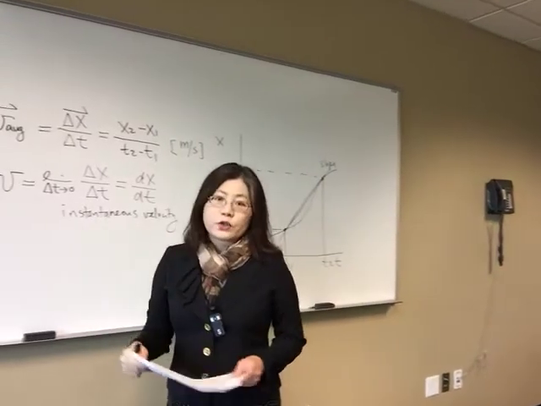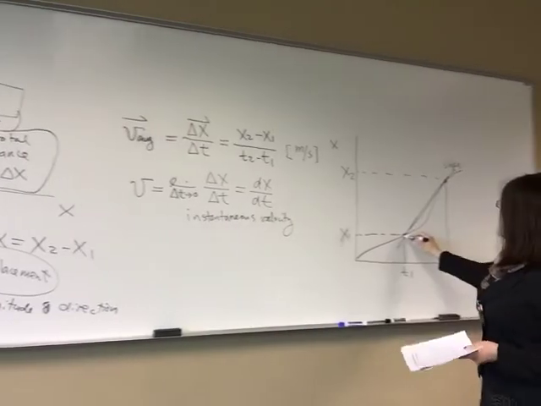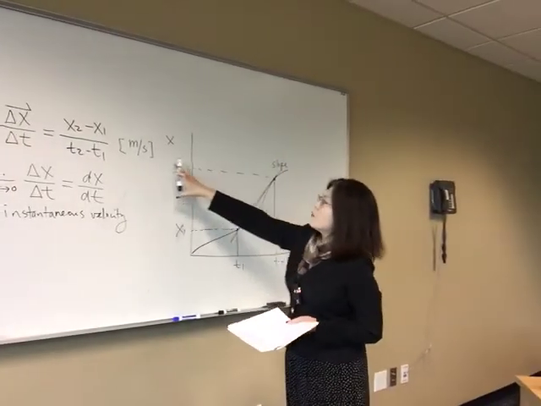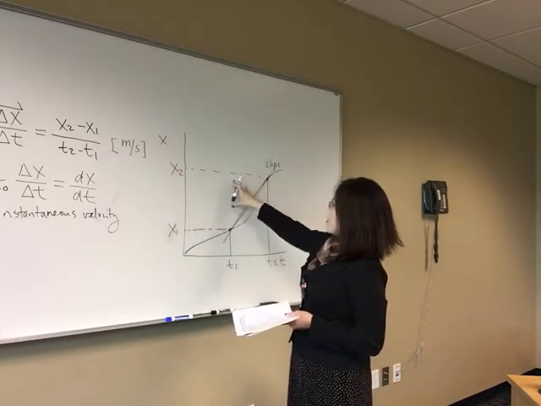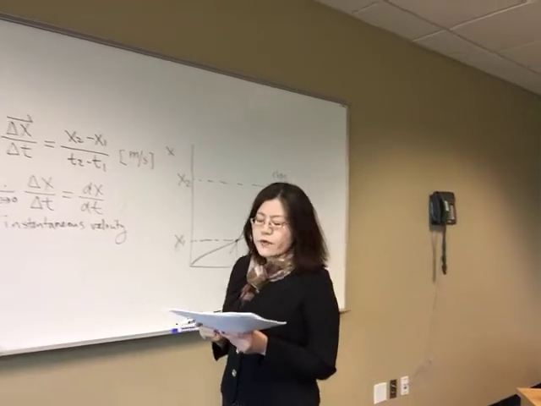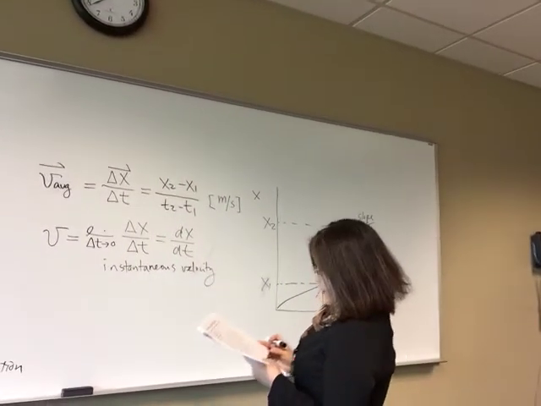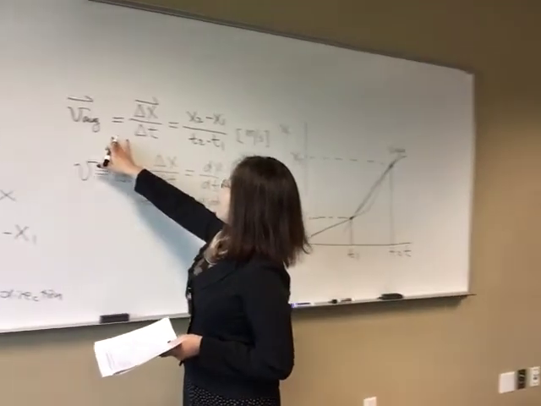That just gives you the slope. Okay, so if you relate this equation to what's going on in the graph, this is basically finding the slope on the xt curve. Okay. So this is the average velocity.